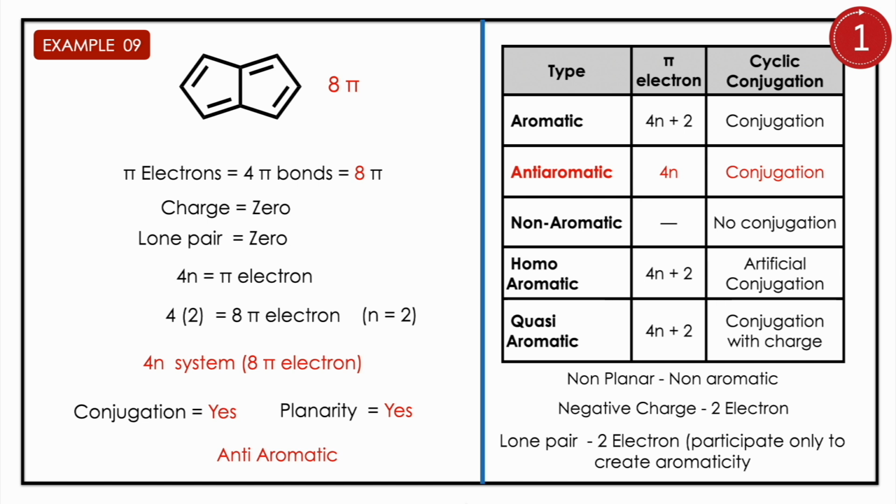It is the 4n system where n equals 2, 4 multiplied by 2 gives 8 pi electrons. The system is in conjugation, alternate single and double bonds. The compound is cyclic and planarity also there. According to the Huckel rule, 4n system, conjugation, planar mean the given compound is anti-aromatic.